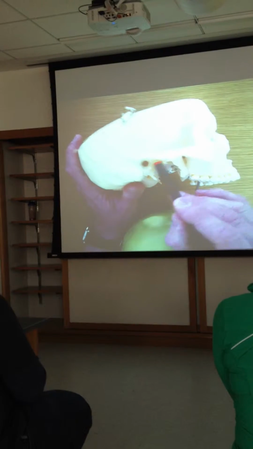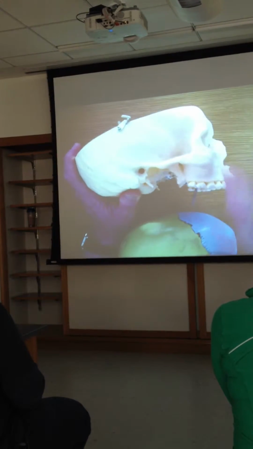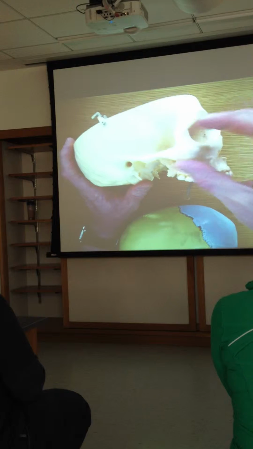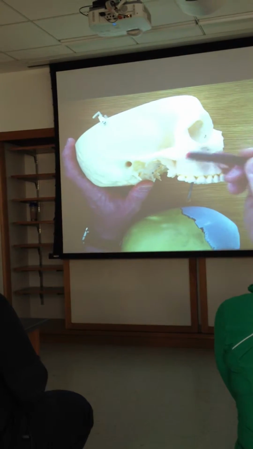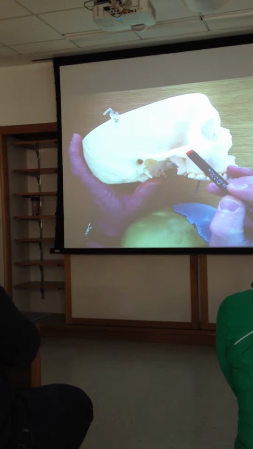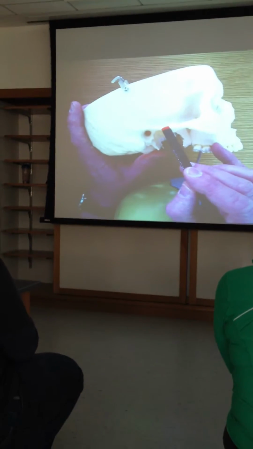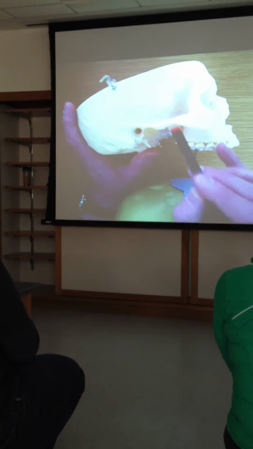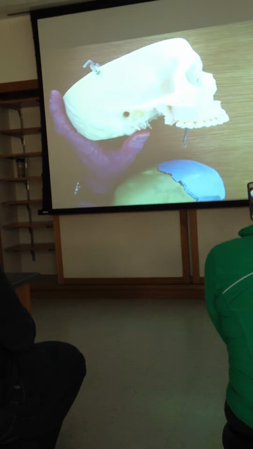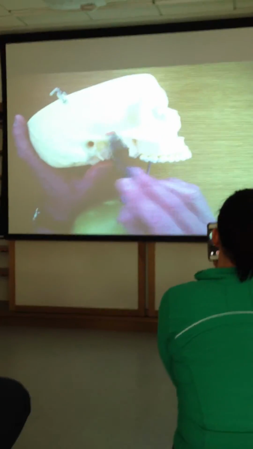To the midway part, this would be the zygomatic process of the temporal bone. You then go over the zygomatic bone, just to make things confusing. This is the zygomatic bone. It goes backward and meets up, and you have the temporal process of the zygomatic bone. So you have the zygomatic process of the temporal bone coming forward, meeting up with the temporal process of the zygomatic bone. Together, the two processes form the zygomatic arch, which is that little thing there.